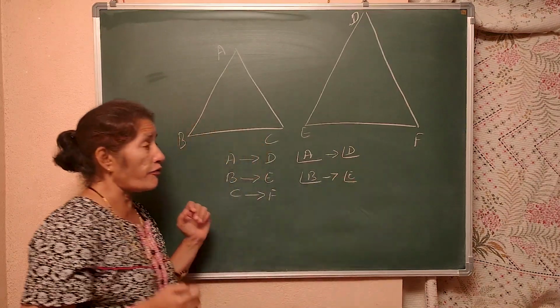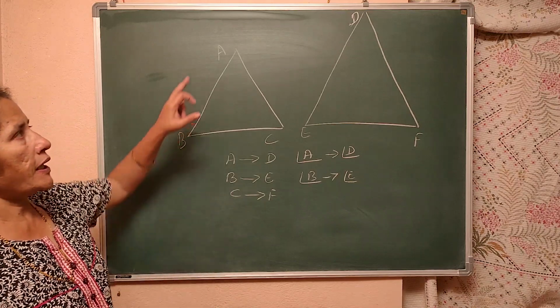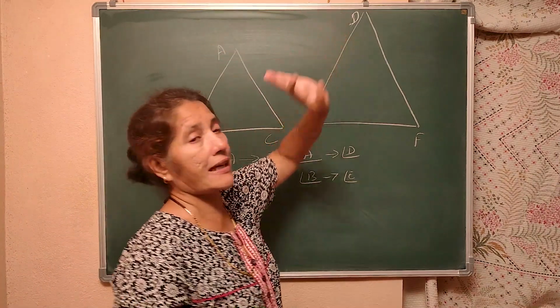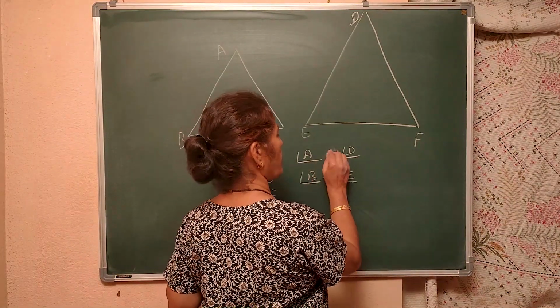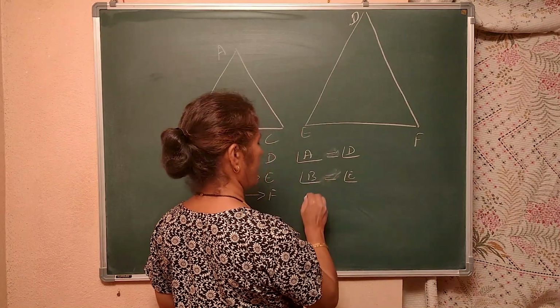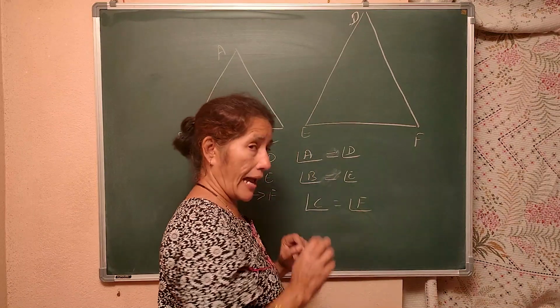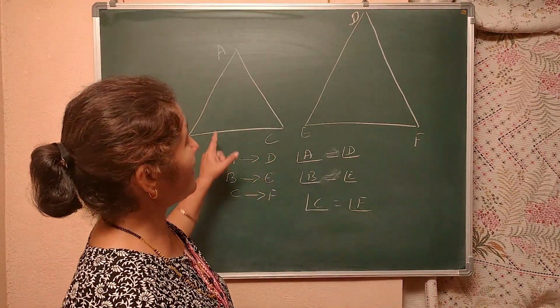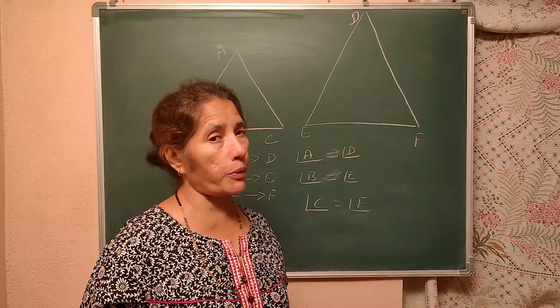Right? Now, you can say they are equiangular if the corresponding angles are equal, that means angle A is equal to angle D, angle B is equal to angle E, and angle C is equal to angle F. And when they are equiangular, corresponding sides are proportional.